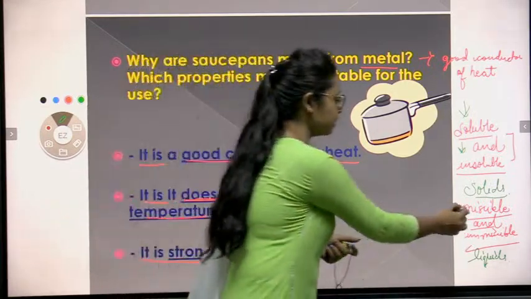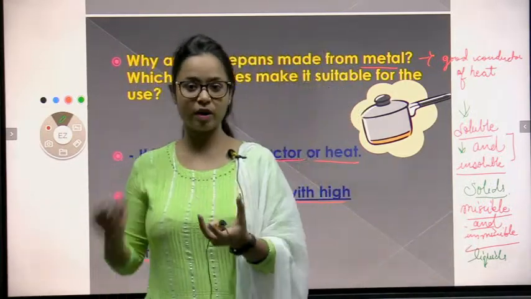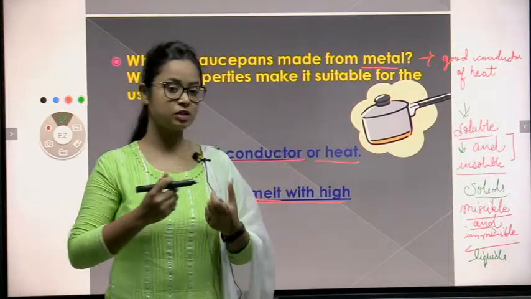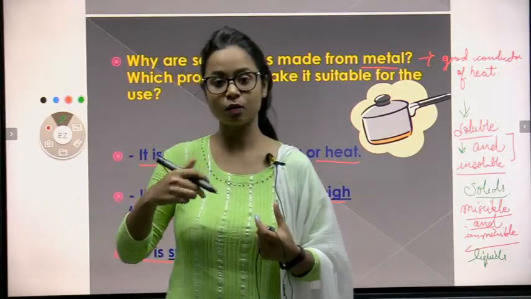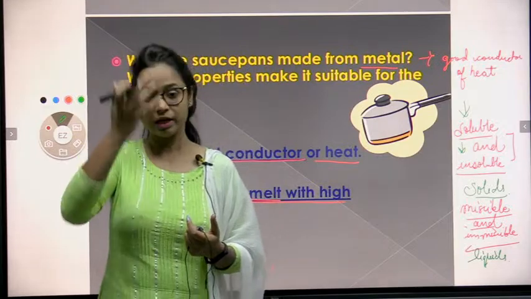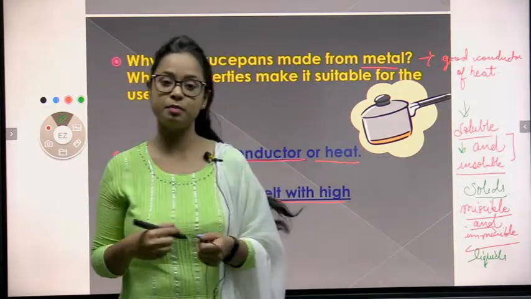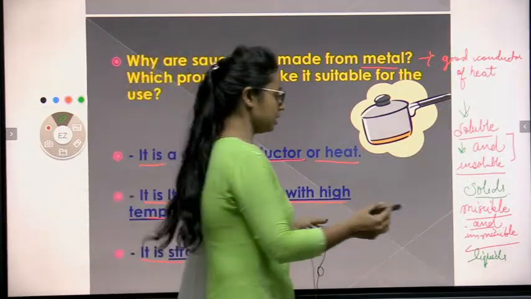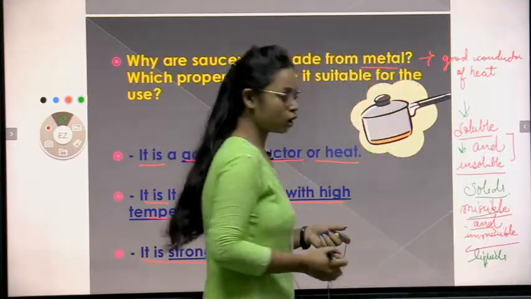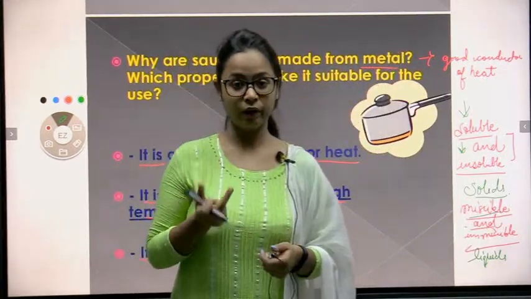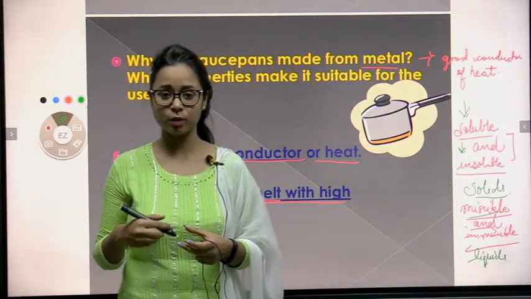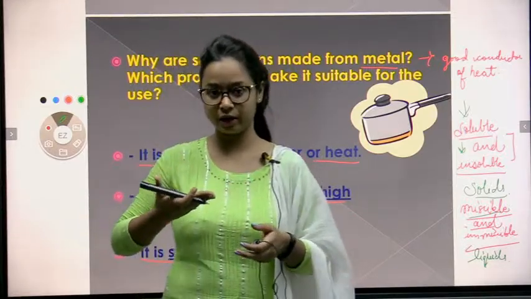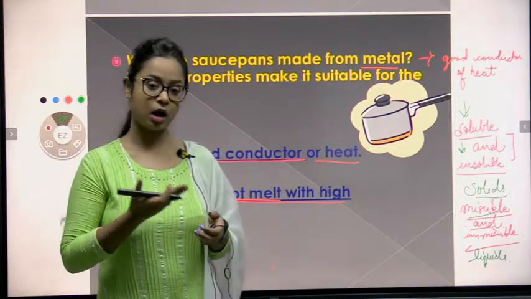And what are miscible and immiscible? When you are mixing a liquid with a liquid. Miscible means when a liquid mixes with water easily. For example, glycerin can easily mix with water. So that is a miscible liquid. And if we talk about immiscible, for example, oil. When we mix oil in water, it makes a different layer on the upper side of the water.